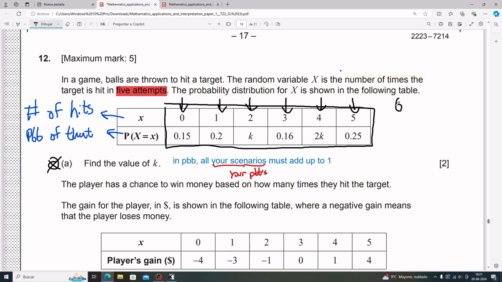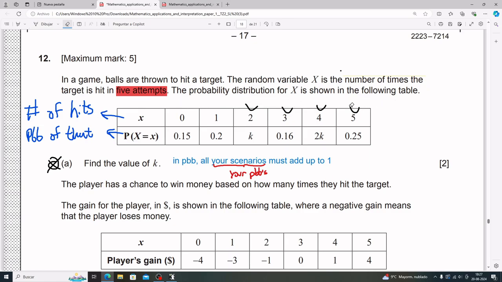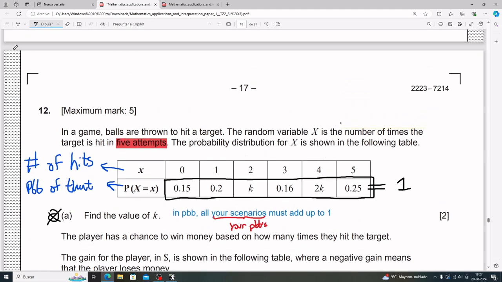Because there isn't a 6 here, and because there isn't a -1 or anything crazy like that, you need to be able to cover all scenarios, so you have to cover all probabilities. In other words, all I'm really telling you is that over here, this has to equal 1. So for part A, it's quite a simple line of math.